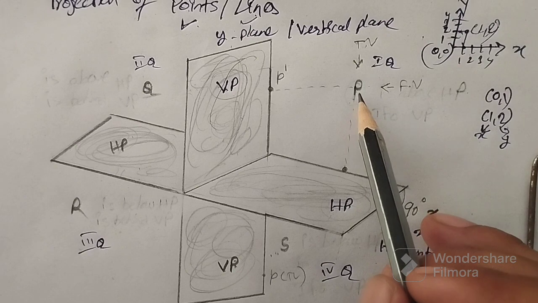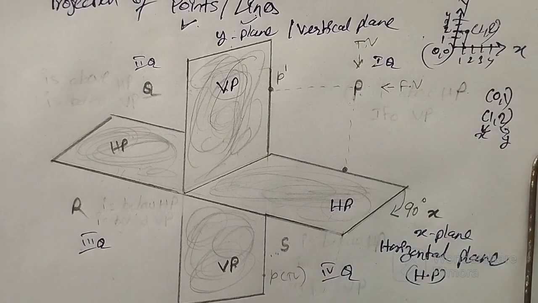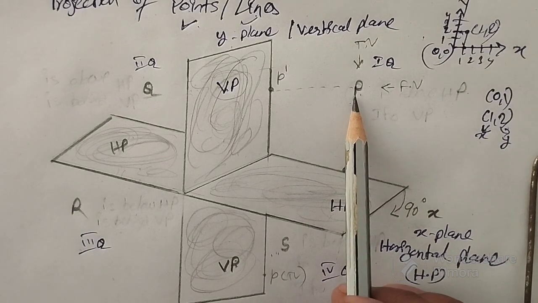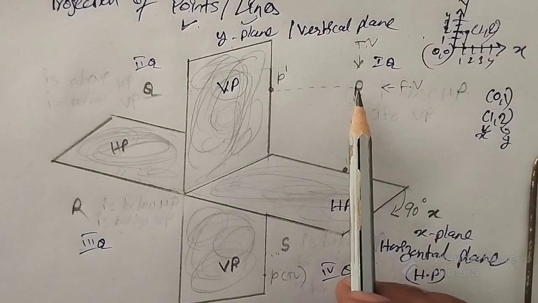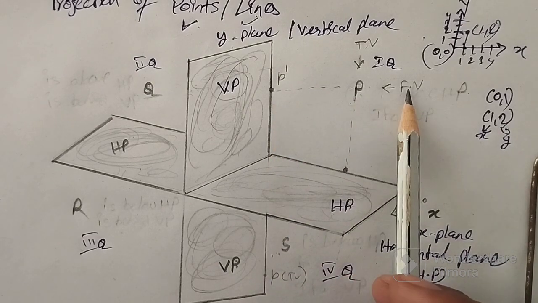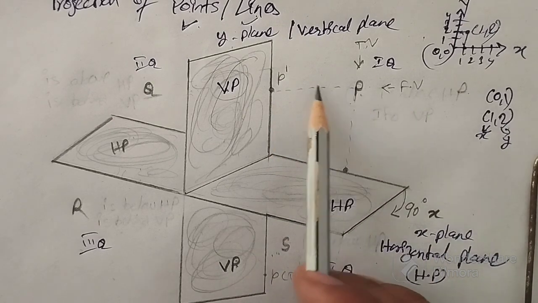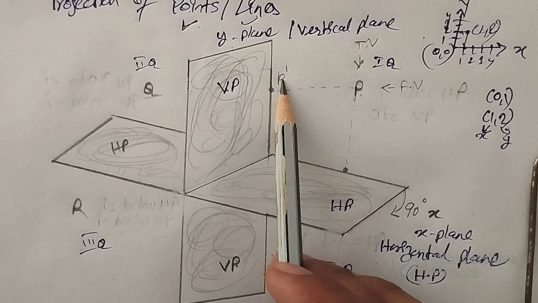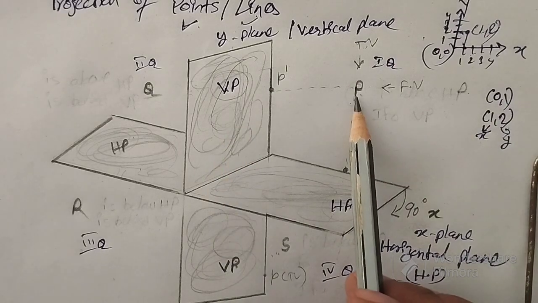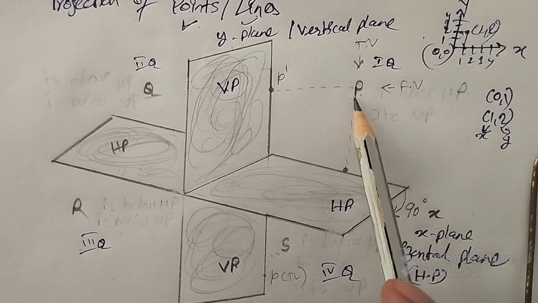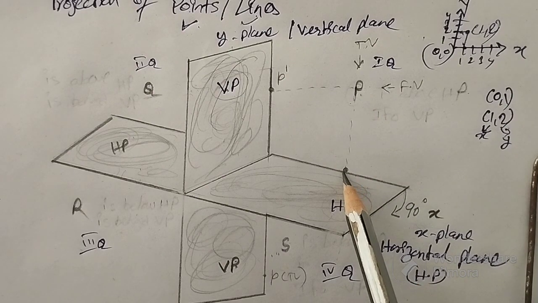I'll say once more, please remember. Let us imagine there is a point P here. Now to know its front view and top view, look at this point P from front view. This image has to fall here. That is called P dash. So that is my front view. Now for top view, if I look at the same P from top, the image has to fall here.